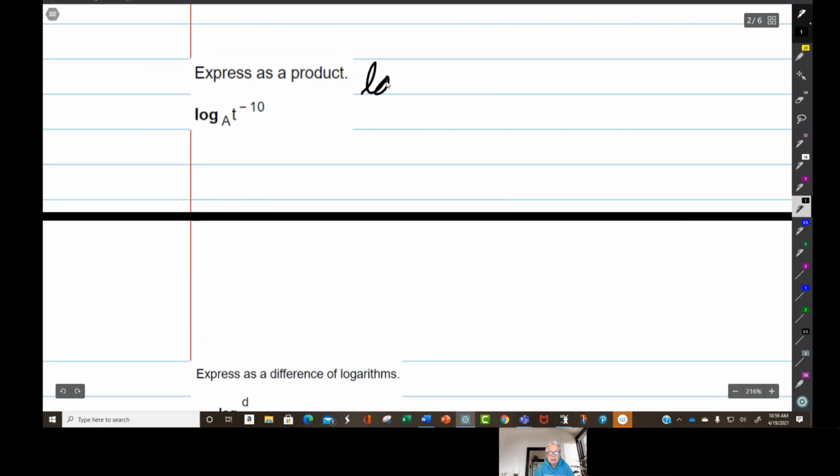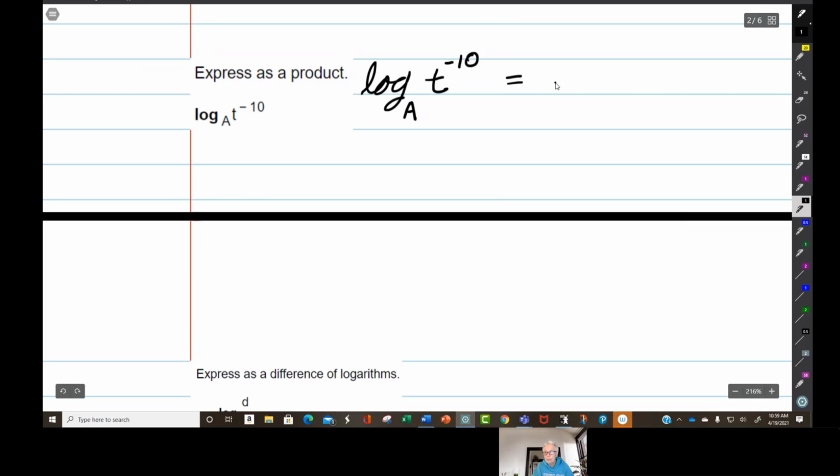This is log, and you have to write a capital A. If they write a capital A, you write a capital A. If they write a lowercase t, you write a lowercase t. So this is an argument that has t to the negative 10. Now this says to write as a product.